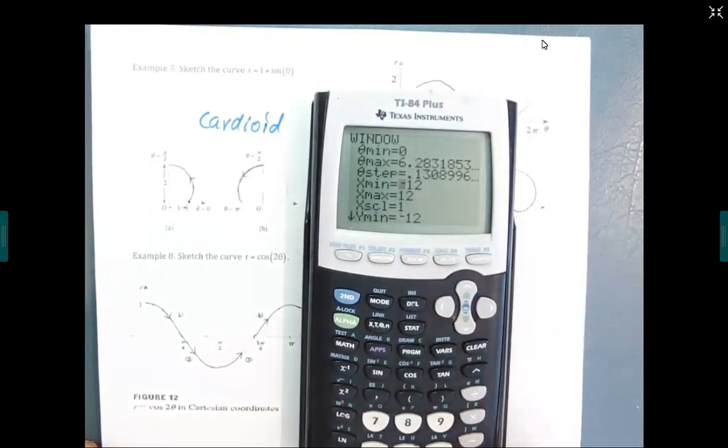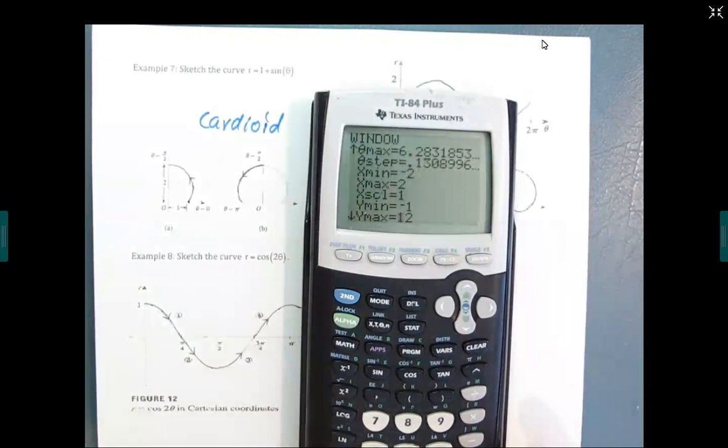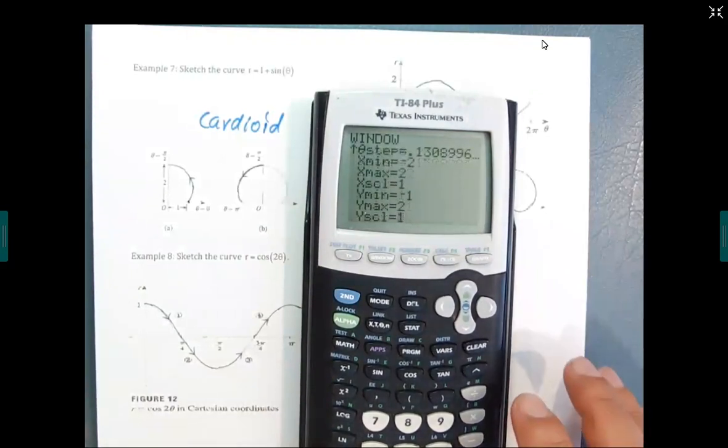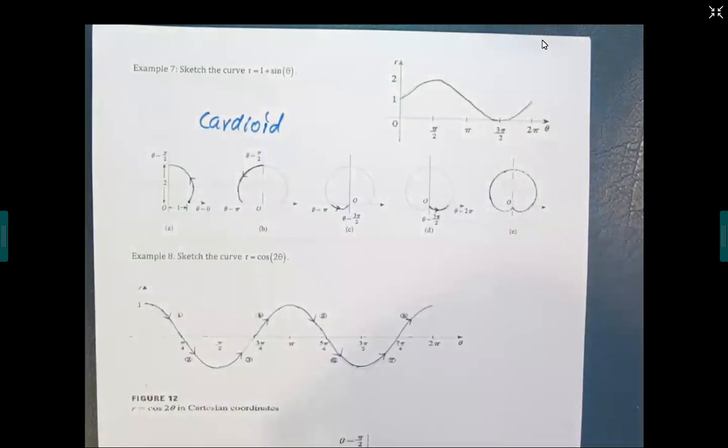X, I'm going to go from -2 to 2. And y is also going to go from -1, excuse me, to 2. So when I graph this, you can see our beautiful cardioid, exactly the way that we just graphed that.